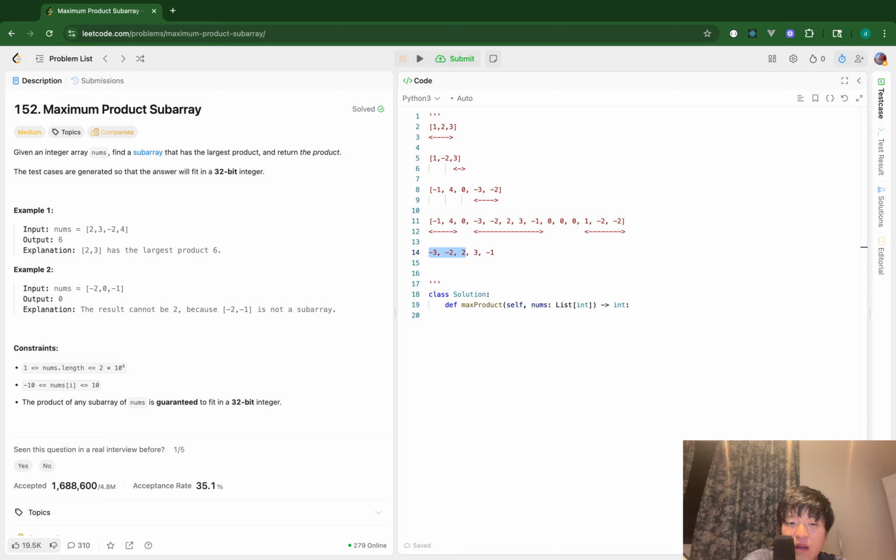Then it becomes 12, 36, and then -36. Even if it is -36, I should keep it. I should keep the -36 because, say, if I have -2, then it becomes 72, which is quite a big number.